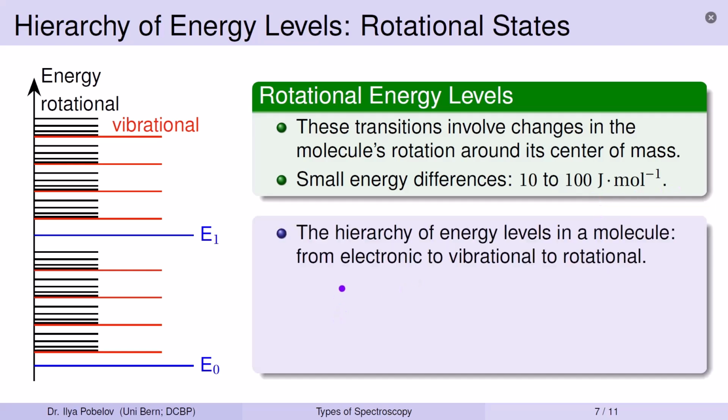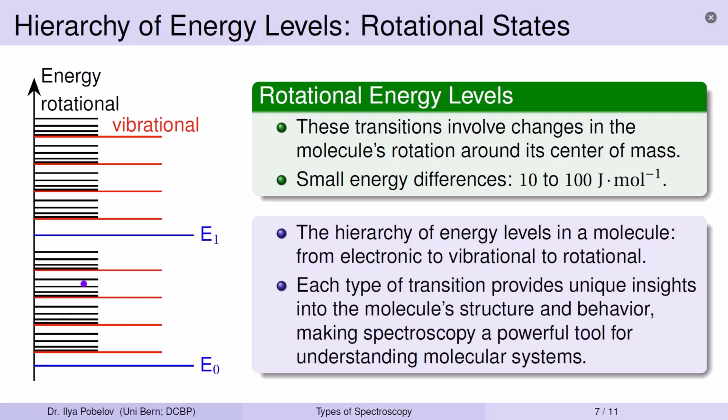To summarize, the hierarchy of energy levels in a molecule from the largest to the smallest energy differences goes from electronic to vibrational to rotational. Each type of transition provides unique insight into the molecule's structure and behavior, making spectroscopy a powerful tool for understanding molecular systems.